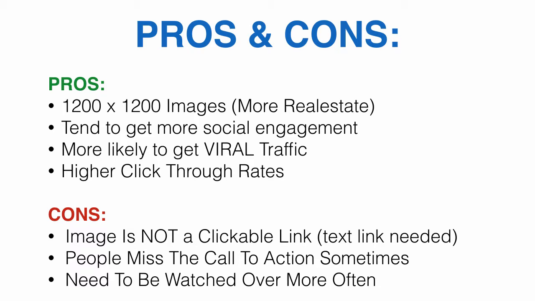It's kind of like directly sharing the post with one specific person, if you will. And these types of ads get more of that viral traffic. This means you're going to get free traffic with these types of ads once they go viral.